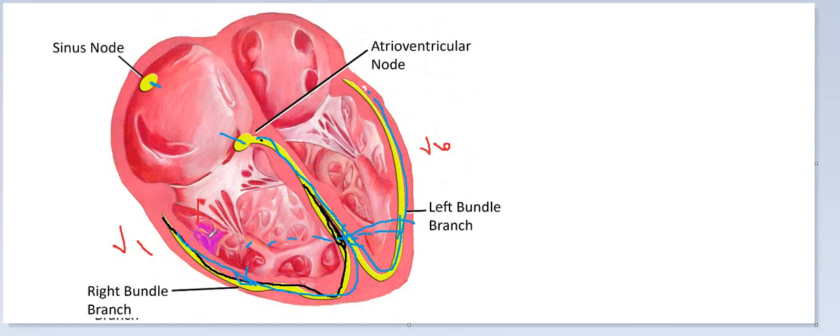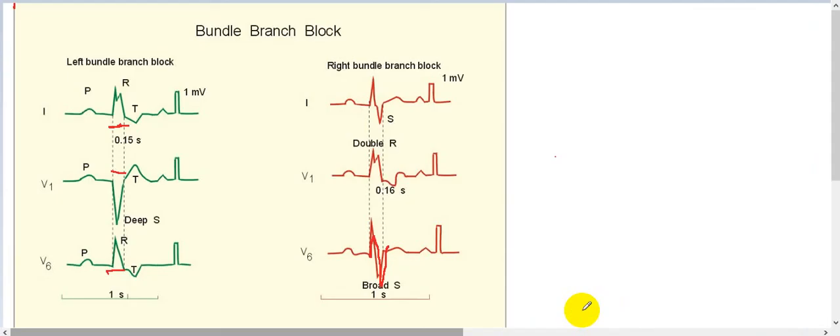And so in V1, repolarization in the right ventricle is delayed, and this creates a wide R wave in V1. And the S wave is produced due to the delay of the impulse moving from V6, creating a late slurred S wave, and we can see that S wave in here.